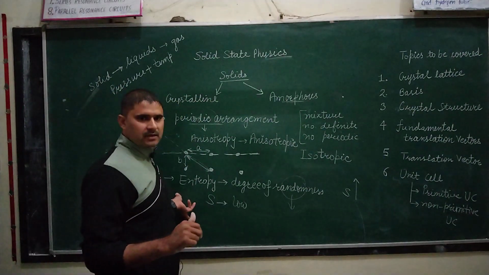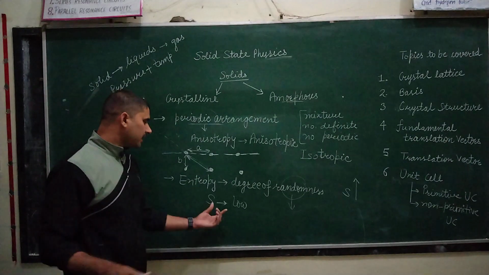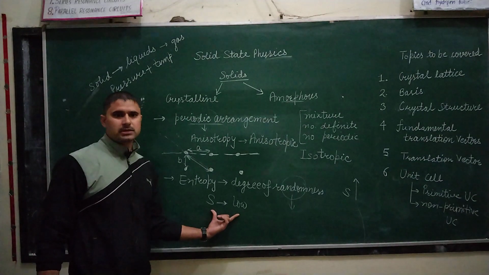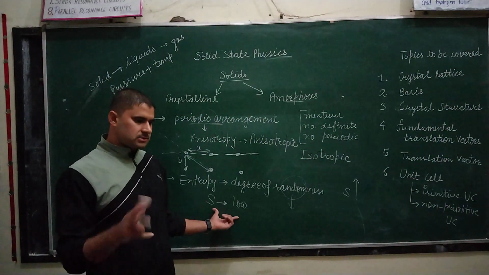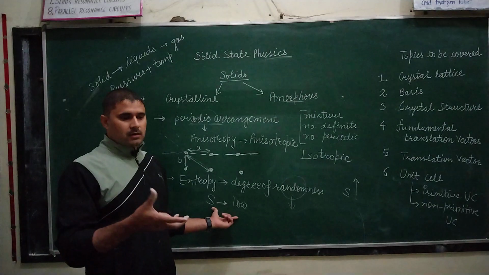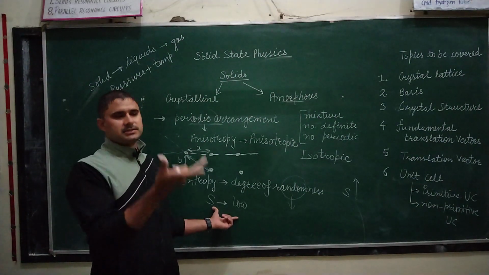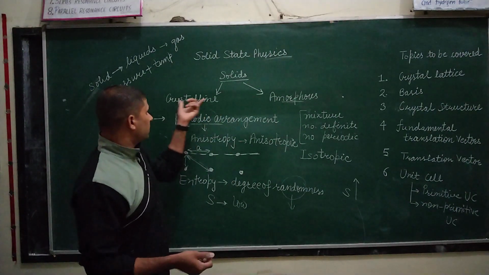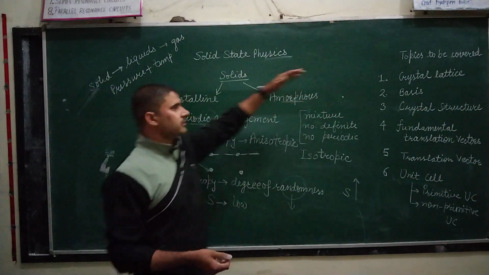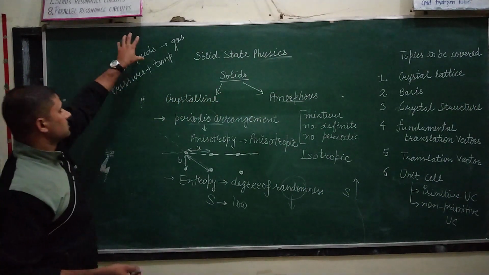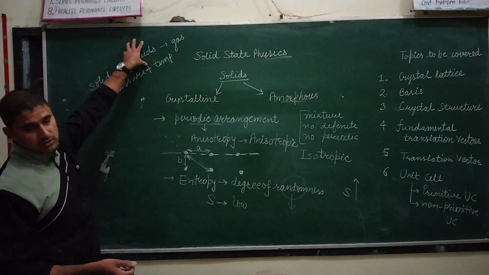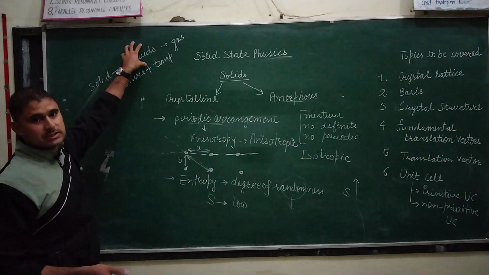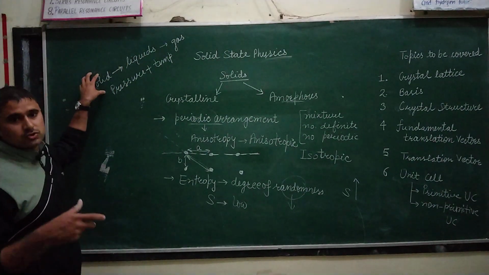Or one more thing, you can see why randomness is low, why definite order is there in crystalline solids. When crystals form, then an amount of heat energy is released. Okay class, suppose you have a substance in liquid form. Why is it in liquid form? The temperature of the liquid, or energy possessed by the liquid, is higher. So when this extra energy is released, the liquid will solidify.